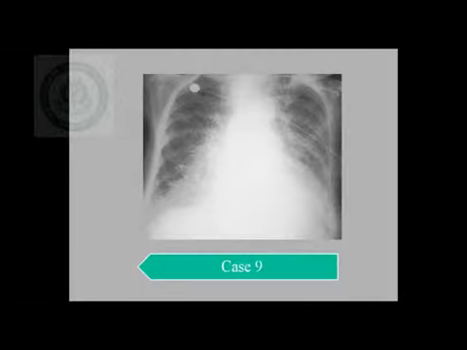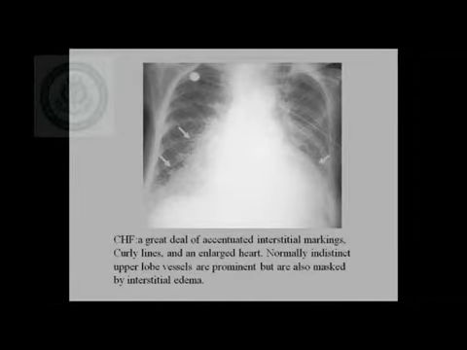Now, here the right and left heart borders are obscured, and you see multiple streaky opacities projecting from both the borders of the mediastinum, and this appearance gives an apparent cardiomegaly-like appearance. Now, when you take an X-ray after diuretic, what happens?